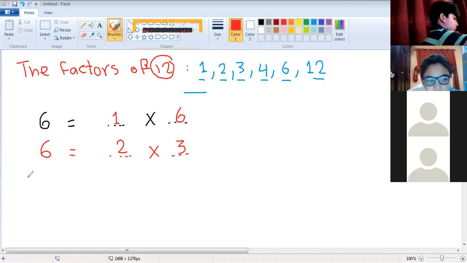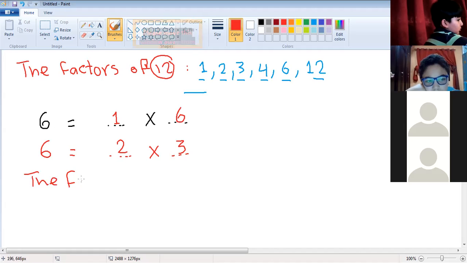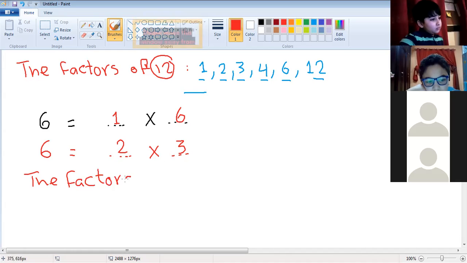So if you want to write that, the factors of 6. What are the factors of 6, Muhammad?